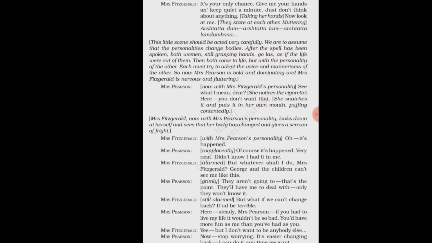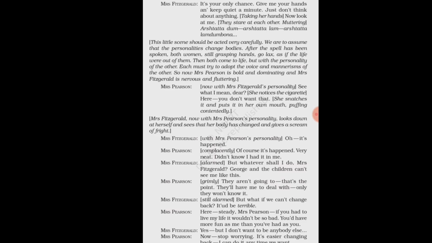Mrs. Fitzgerald, with Mrs. Person's personality, asks what she shall do, talking about George and the children. They can't see her like this. So Mrs. Person, with Mrs. Fitzgerald's personality, says, that's the point. They aren't going to see. They have to deal with me, so they won't know.